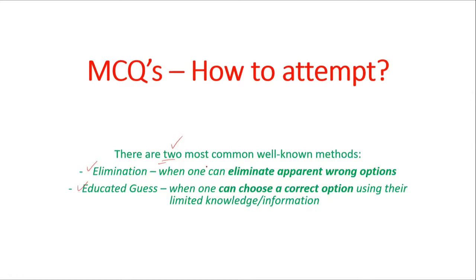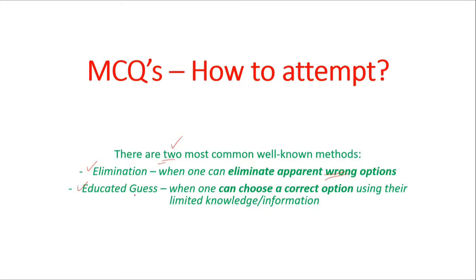The difference between the elimination method and educated guess is that in elimination, you eliminate the wrong options. When you are looking at the multiple choice, there would always be some options that are outright wrong, and you know they are wrong. So you can easily eliminate those incorrect options and then come down to limited options to choose the right option.